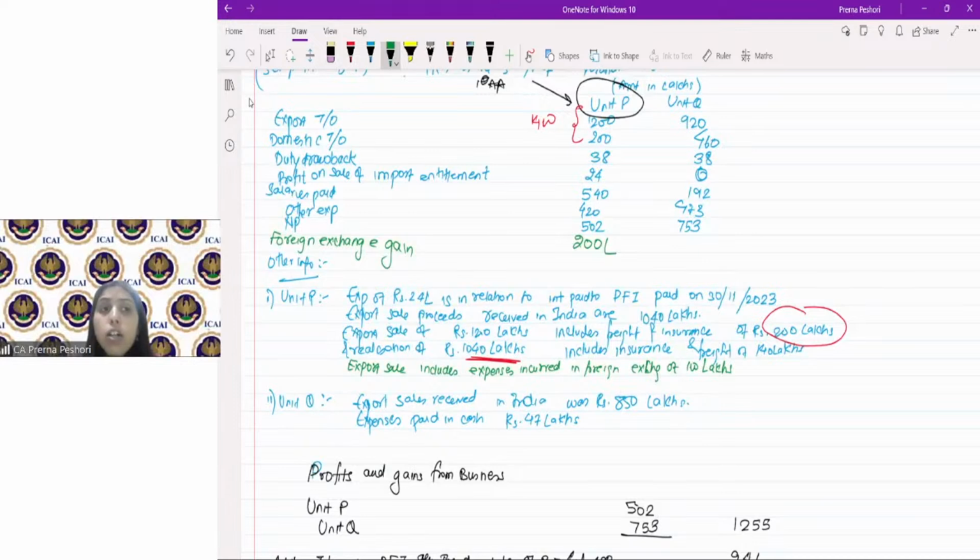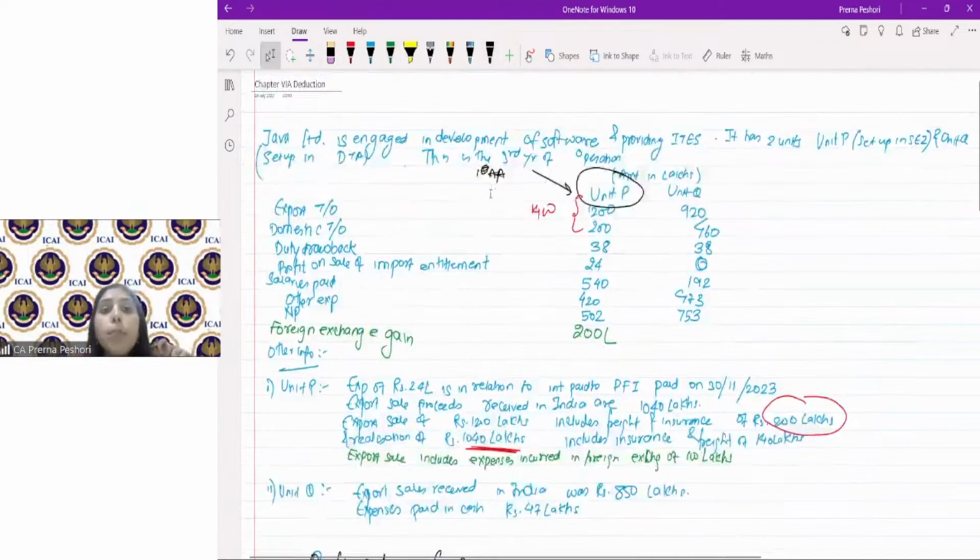Are we getting that? So you will reduce the duty drawback, you will reduce the profit on sale of import entitlement, but you will not reduce the foreign exchange gain. Are we getting that? Yes or no? Now do you recollect? Janvi, it is already forming part of the profit. Therefore, we do not need to do anything more. The net profit is after considering all of this.